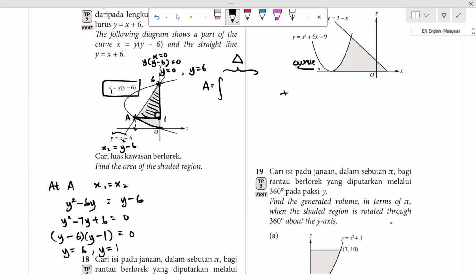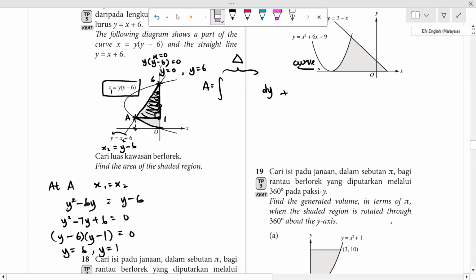So two parts. For the triangle part, it's because you shape this straight line towards the y-axis. For this straight line, it is y equals to x squared plus 6, but because it's towards the y-axis, your subject must be x. So x is y minus 6.